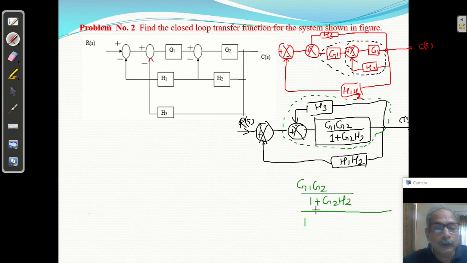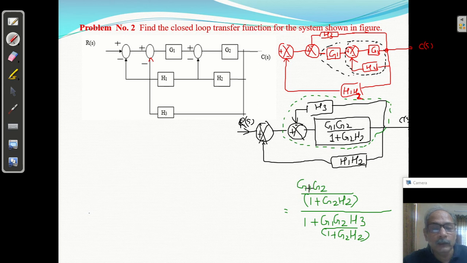This is GS upon 1, it is a negative feedback. So plus GS means G1 G2 upon 1 plus G2 H2. So GS upon 1 plus GS into HS, how much is HS? H3. This is HS. So after LCM, this term will be cancelled.